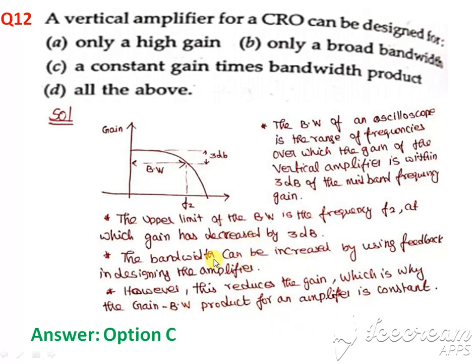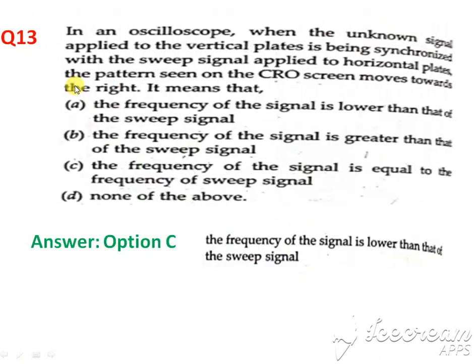So bandwidth is increased by using feedback in the amplifier, but correspondingly the gain reduces, while the gain bandwidth product of the amplifier is constant. So the correct option is option C.